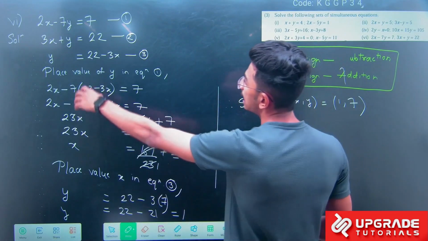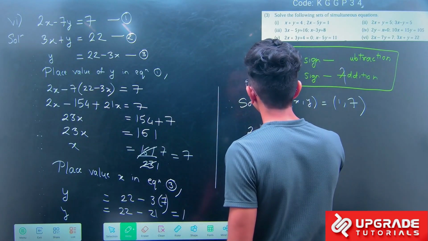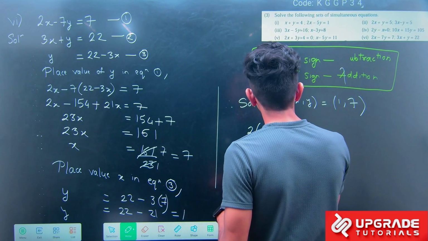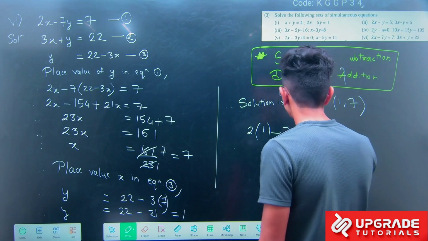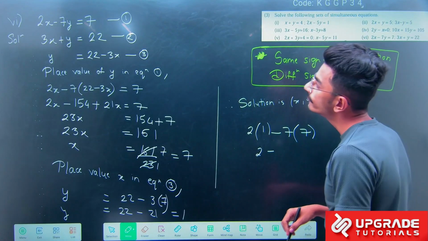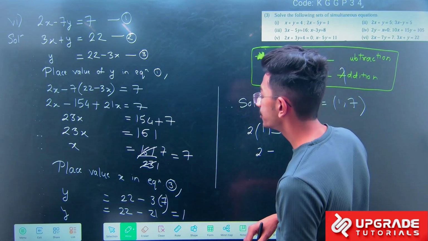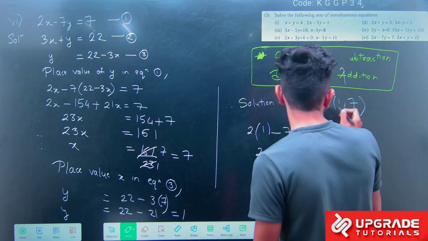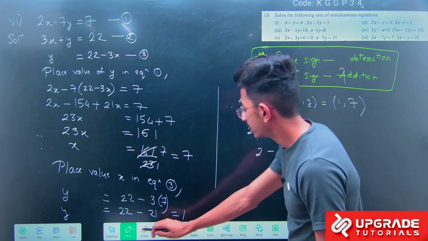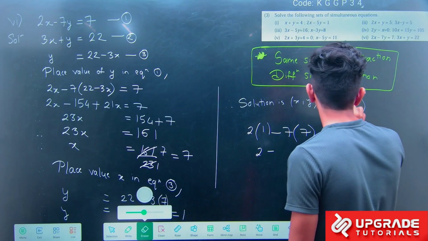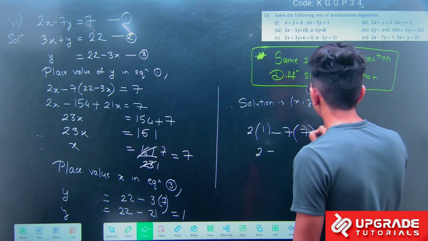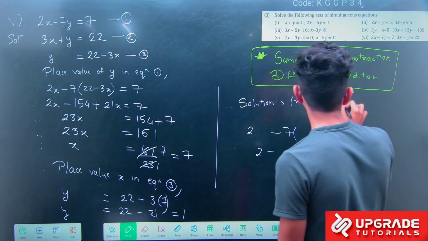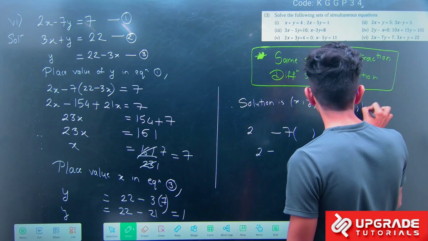Just check. I will check by equation number 1. 2 into what is the value of x? Minus 7 into what is the value of y? Wait, I have written it mistakenly here. The value of x is 7 and y is 1.